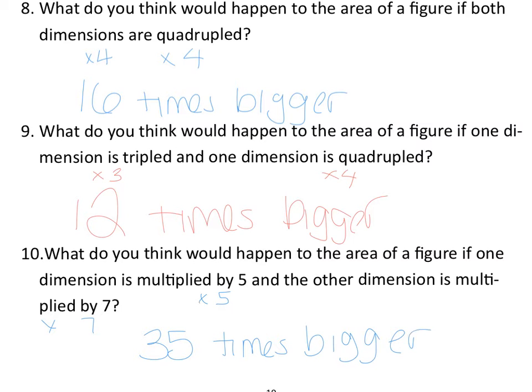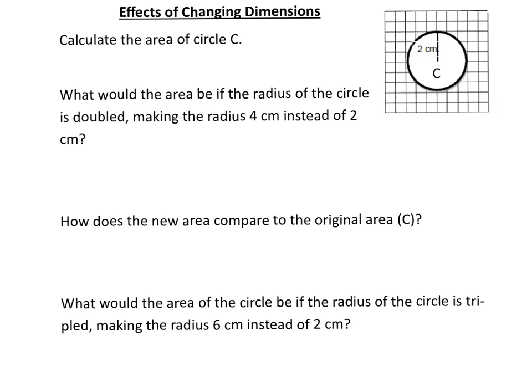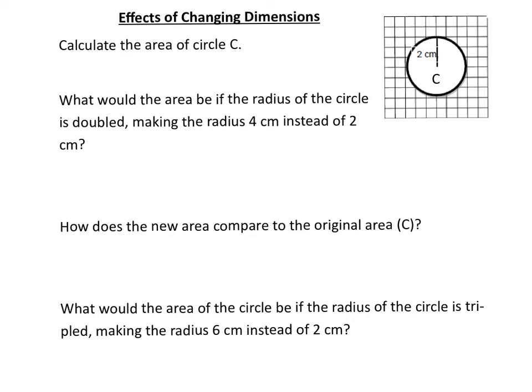Hopefully you've caught on to the pattern and what this means, because now we're going to take this and apply it to circles, because circles are not polygons, because they are not made up of straight edges, so therefore they don't follow the same rules that polygons do. The first thing we're asked to do is to calculate the area of circle C. We should note that the area of a circle is pi r squared.